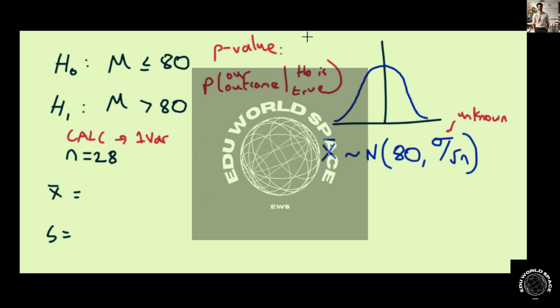The mean is, so 2523 is the sum, divided by 28. The standard deviation is 17.812, and so on. I've got the exact value in my calculator. Now I'm going to find the probability of such a high sample mean, which is about 90.1, if this is true.